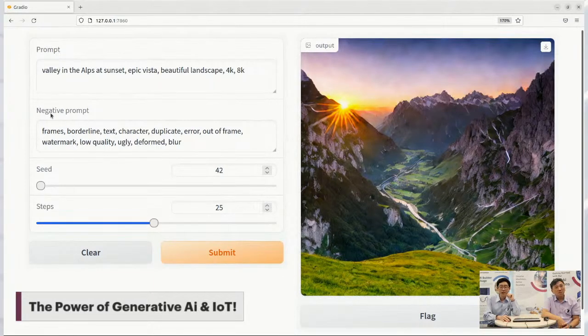Over here, we also have a negative prompt. The negative prompt stands for the things that you don't want to appear in your image. The seed stands for something for you to reproduce the result. If today you have a copy of this software and you enter the number 42 and use step 25, you will get exactly the same image.